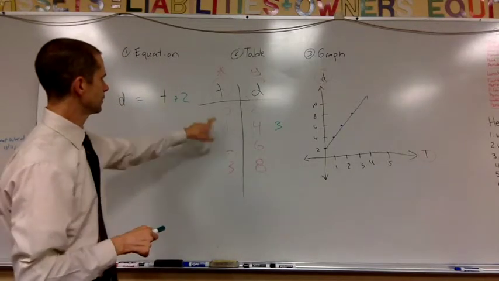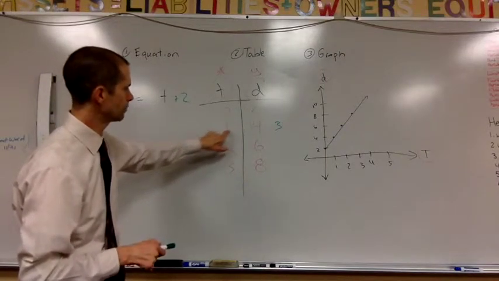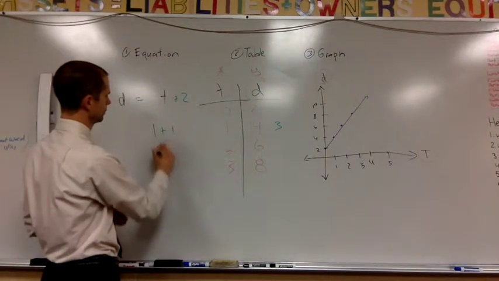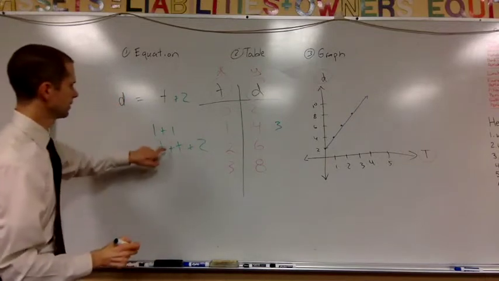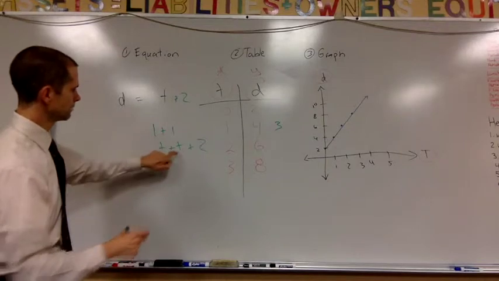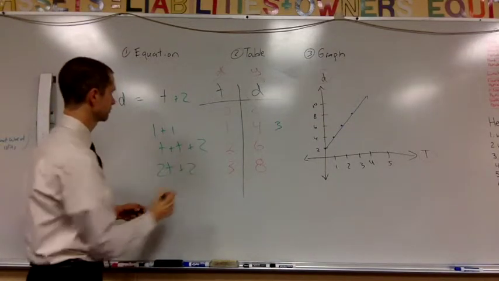So we know we have to do something different. What can we add to 1? If we do 1 plus 1, so we would do t plus t, plus 2. That gives us 4. What's t plus t? That is 2 times t, plus 2.